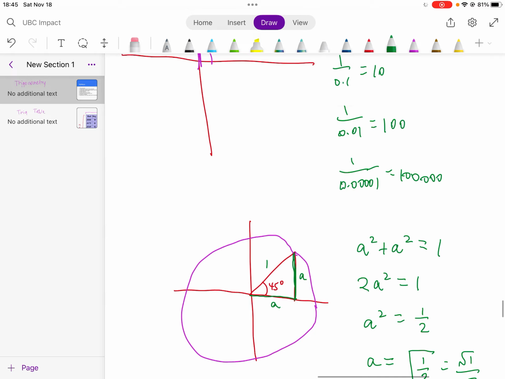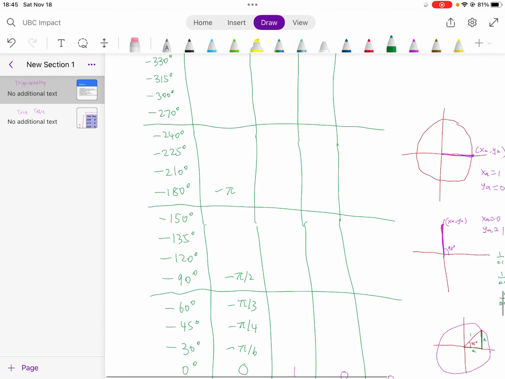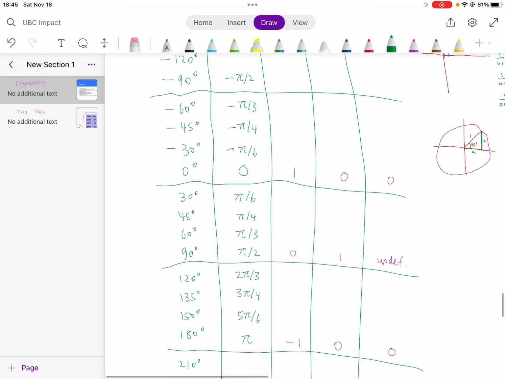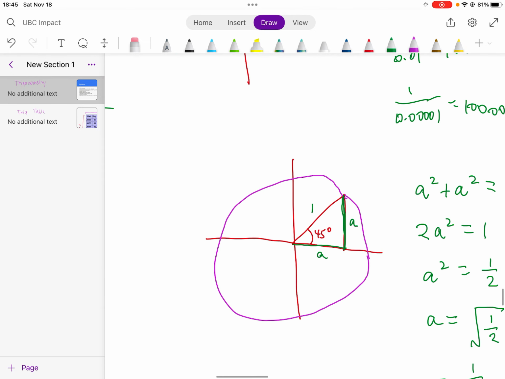So I'm going to write that in to the table. 45 degrees. A is... why do we find A? Because this point here, P, is equal to AA.